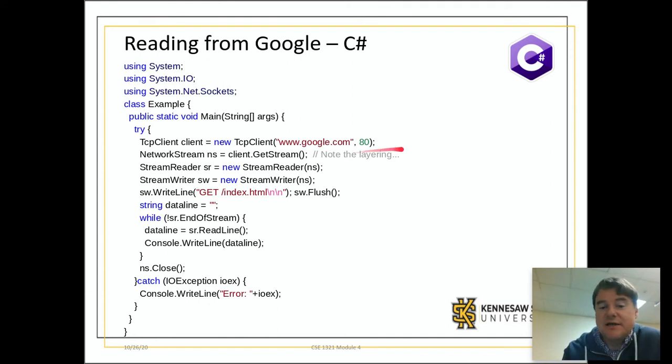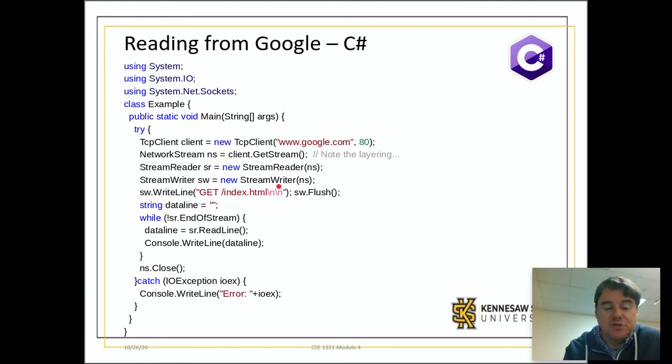So there's a TcpClient, we pass in the host name, port 80, and then we use client.GetStream on a variable called ns, and then we create a new StreamReader and a new StreamWriter on that, which I'm calling sr and sw, so that's the read and that's the write. And so on the write, I'm able to do a WriteLine, pass in that same crazy GET /index.html, make sure you call Flush.